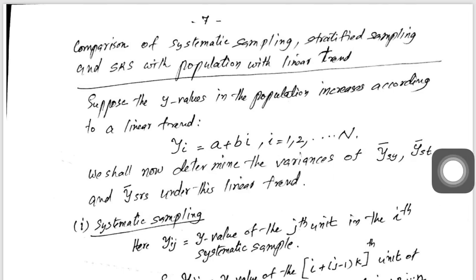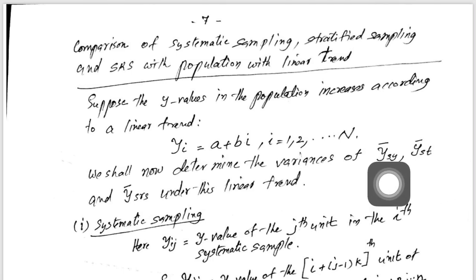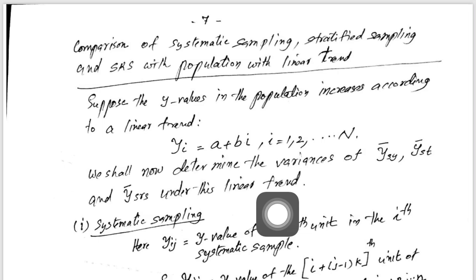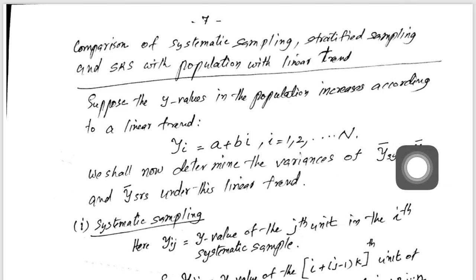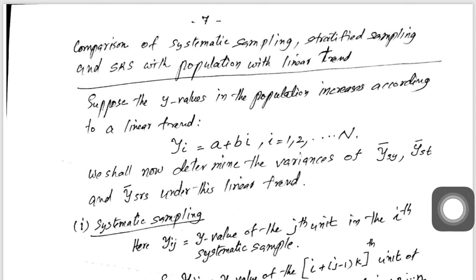So naturally we have to find the variance of y bar sy, the systematic sample mean, y bar st, the stratified random sample mean, and y bar srs, which is the simple random sampling mean. And here you have to note that in all these three procedures we should have only small n units, otherwise the comparison will not be justified.